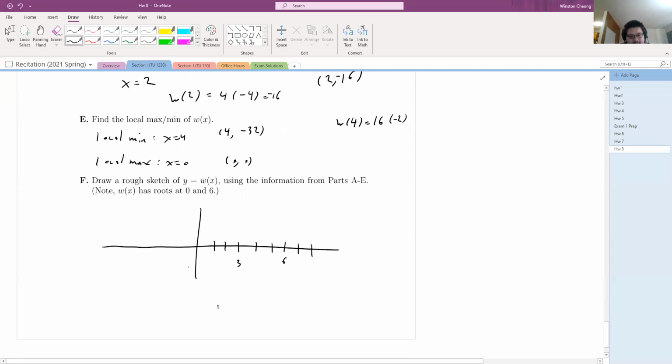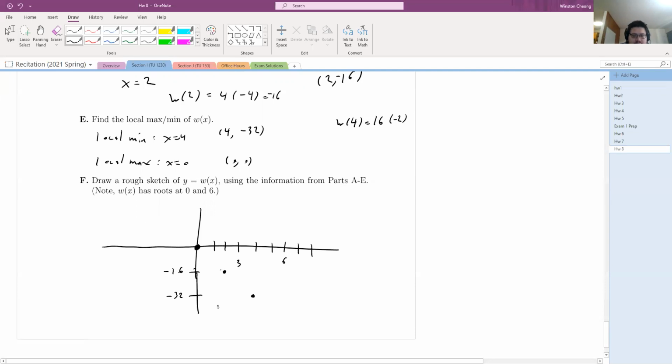And -32 is the smallest value that we can see here. In fact, this is a local min. So I'm going to put a -32 here, and halfway, I'm going to put -16. So 4, -32 is about there. 0, 0 is another point we know about. And we also have 2, -16, so that's around here.